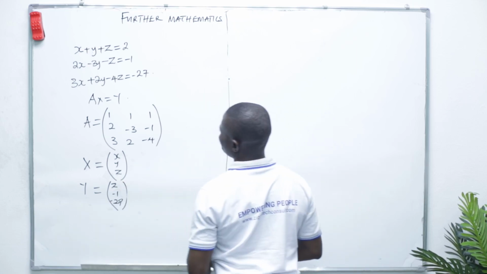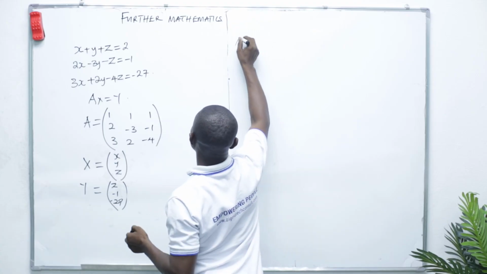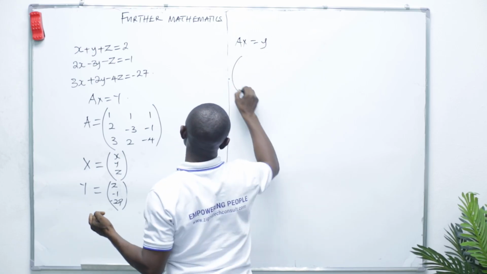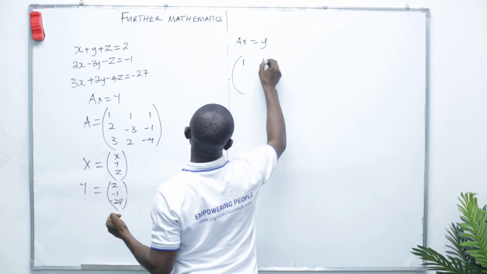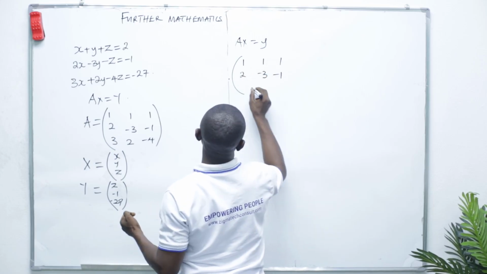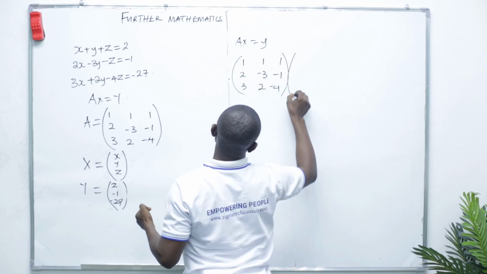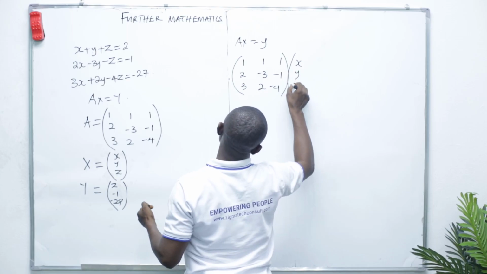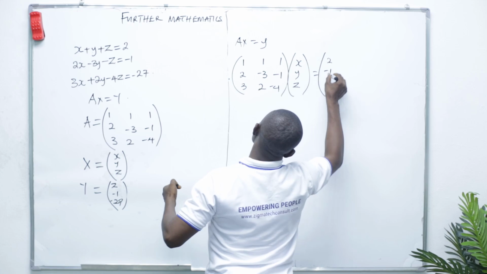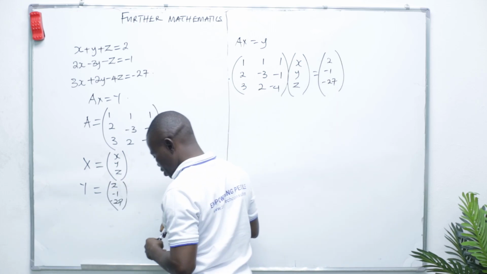Okay, to proceed, I'm going to write that Ax equals Y is the same thing as saying 1, 1, 1; 2, minus 3, minus 1; 3, 2, minus 4, times x, y, z, equals 2, minus 1, minus 27. The deal has begun.